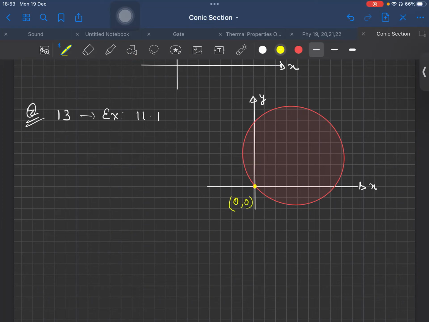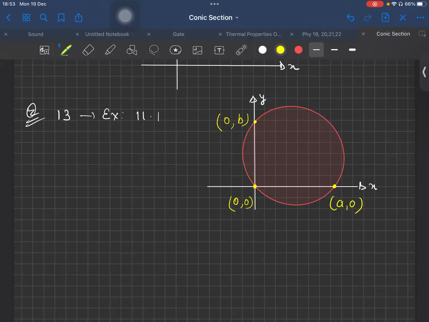Now what it says is that it makes intercepts A and B on the coordinate axes. That means it is passing through (A, 0) and (0, B). That is the x and y intercept. Yes or no?